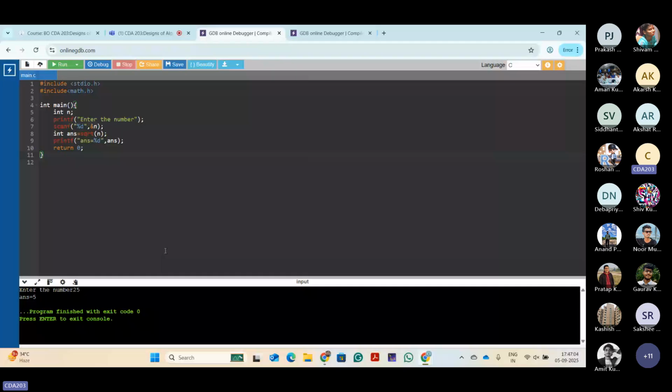So, have you heard of this matrix multiplication problem? If you know what matrix multiplication is, you can do it, or rather, forget about matrices, just simple multiplication of large numbers. That can be done using this divide and conquer technique.